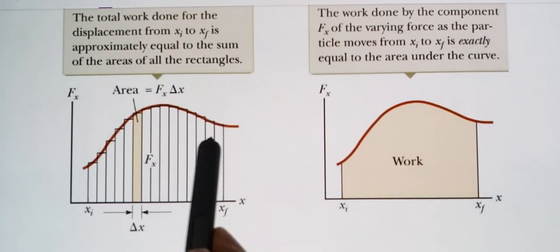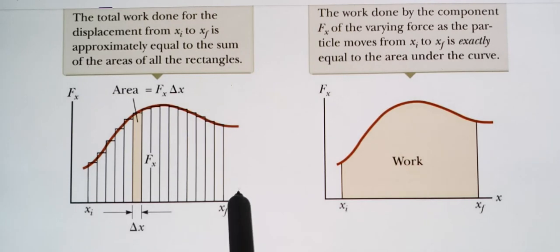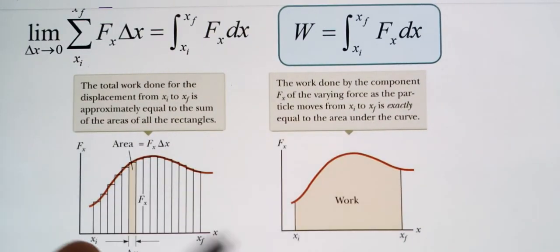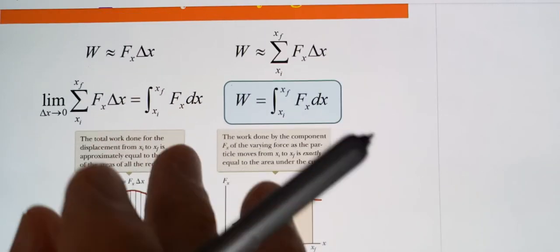So if we divide the area into small rectangles and we add them all, it will give us the work when force is not constant.